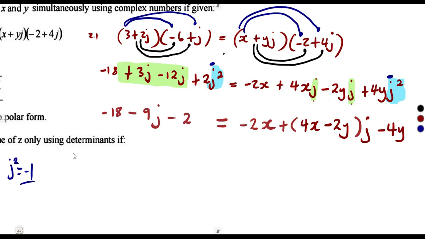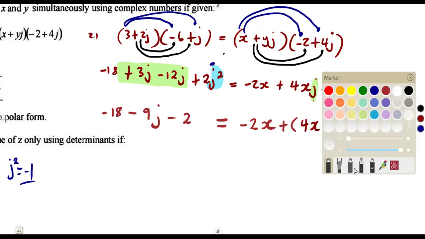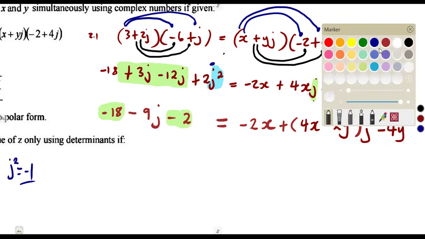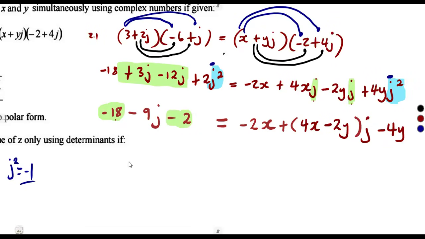And considering the left-hand side, we still have like terms there to consider, minus 18 and the minus 2. So we can collect these two, combining minus 18 and minus 2, that's minus 20. So minus 20 minus 9j is equal to, so this is it.